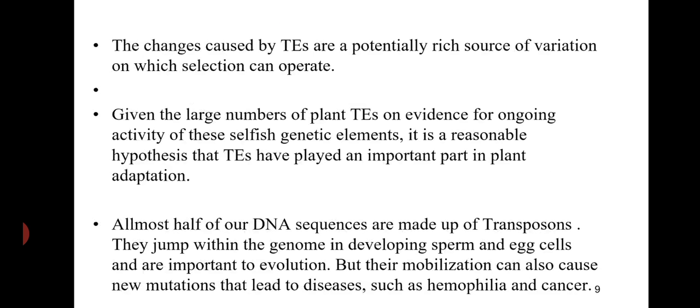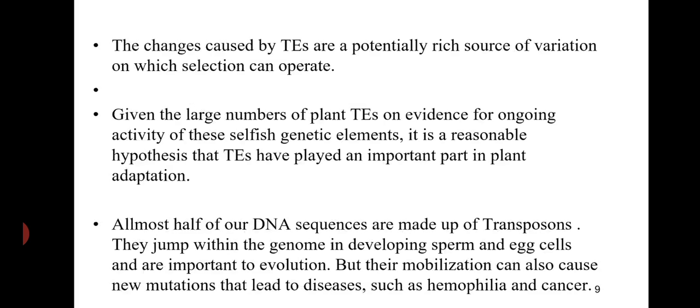The changes caused by transposable elements are a potentially rich source of variation on which selection can operate. So again, transposable elements play an important role in the evolution or variation on which selection of species acts. Then, given the large number of plant transposable elements and evidence for ongoing activity of these selfish genetic elements, it is a reasonable hypothesis that they have played an important part in plant adaptation also.